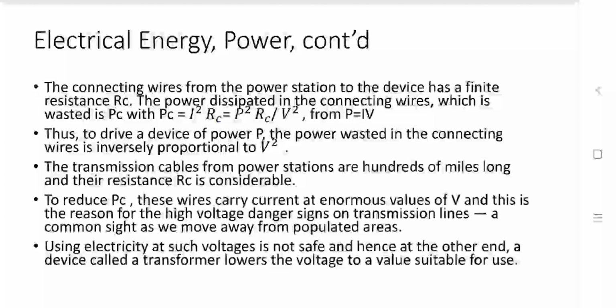It means the input of the transformer is high, but the output is low. There are two types of transformer, up and down. We are using a down transformer, which reduces the voltage to a suitable value which we can use at our home. Clear? We are going to end our session. Hope you understood.